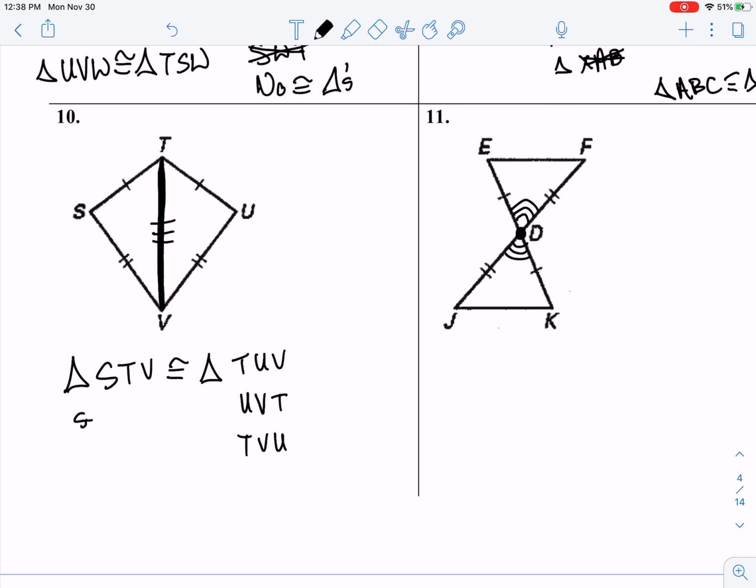So that means T to U or U to T. So it must be TUV or UTV, right? Because T to U or U to T is the only one that gets me on 1 mark on number 10.